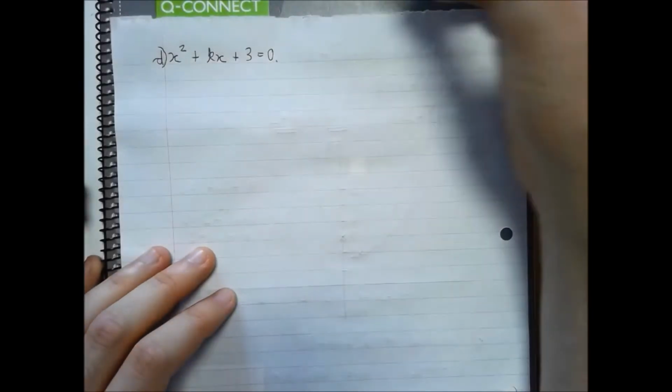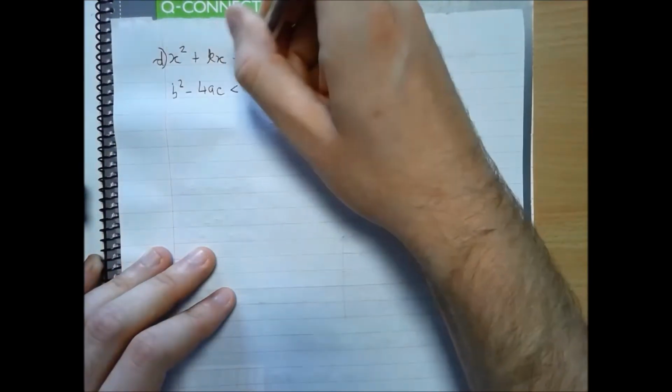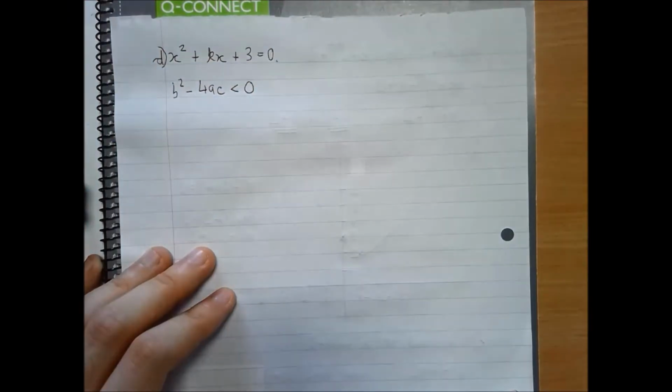Okay, so part D, you've got x squared plus kx plus 3 equals 0, and we know k is a constant which has no real roots. So we know discriminant again. We've got b squared minus 4ac, and because it has no real roots, we know it's going to be less than 0.